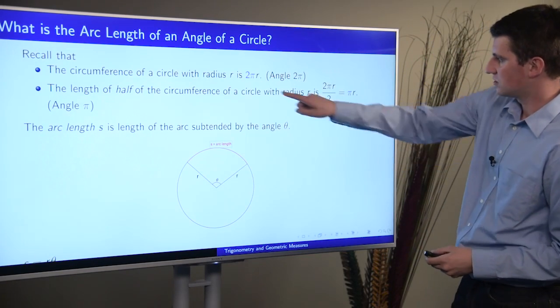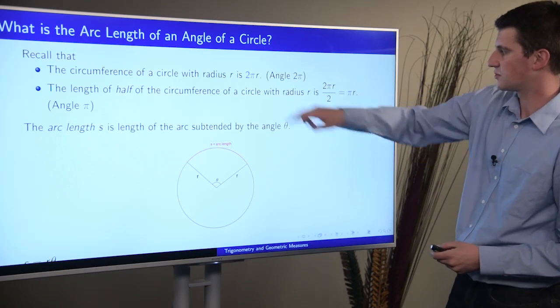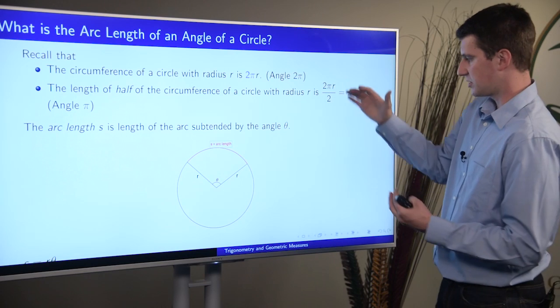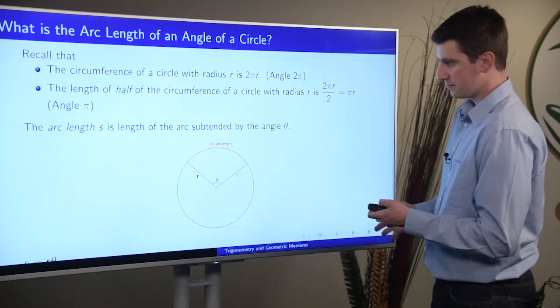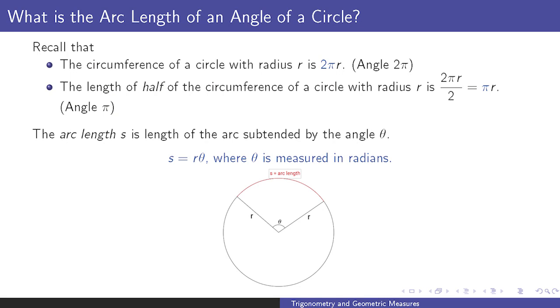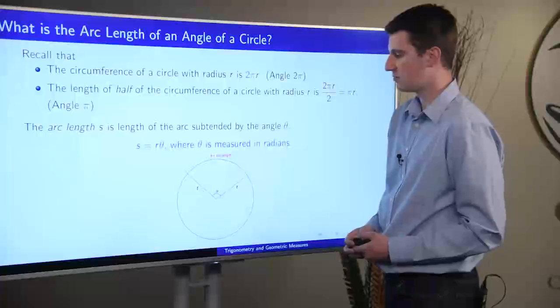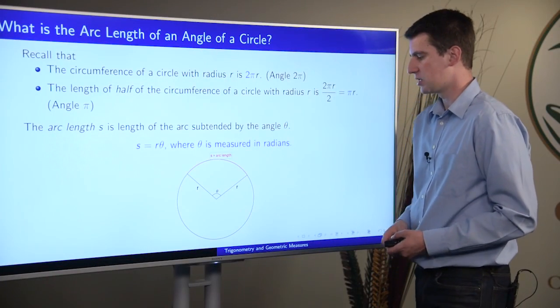Hidden in both of these, we see that there's 2 pi times r here, and pi times r over here. So it turns out that we have this general formula: the length of the arc subtended by the angle theta is just r times theta, where theta is measured in radians.